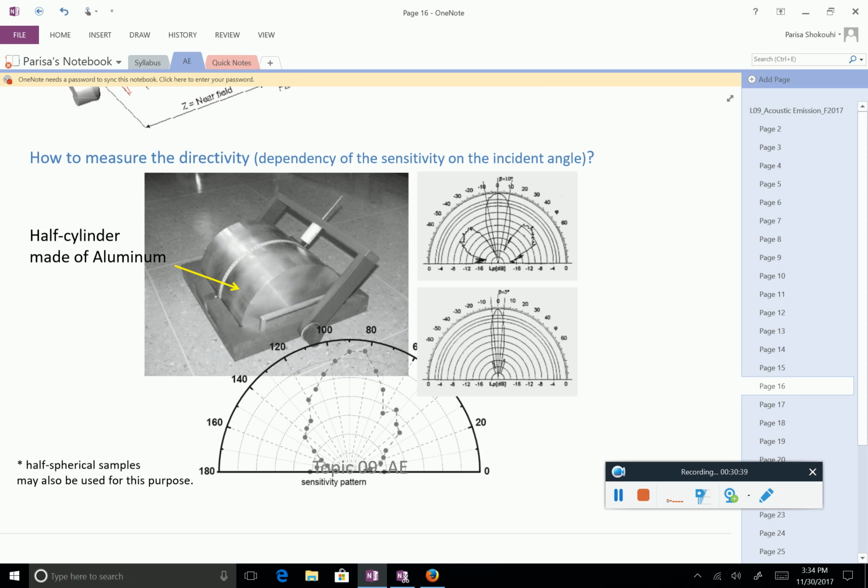In the institute I was working in before, we were actually using a half sphere. It's a little bit more complicated, but it gives you immediately in two directions the sensitivity, the directivity. What you want for acoustic emission is a broader, a larger divergence, or a smaller directivity in a way.